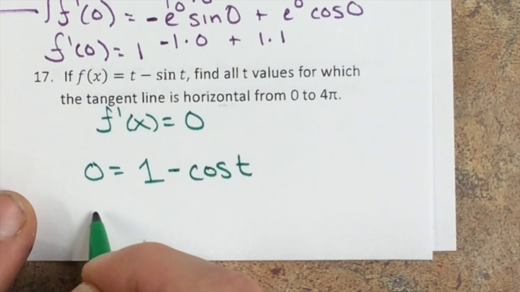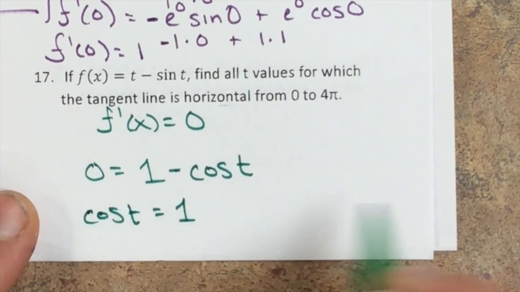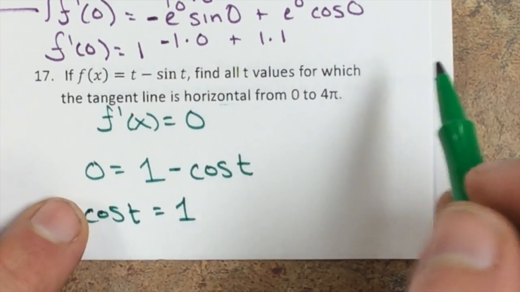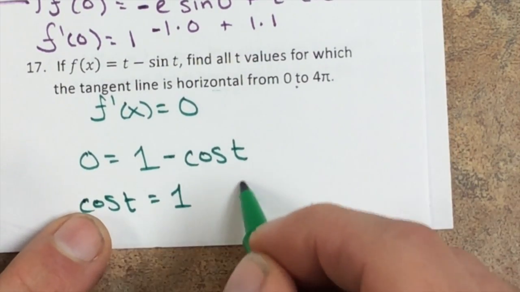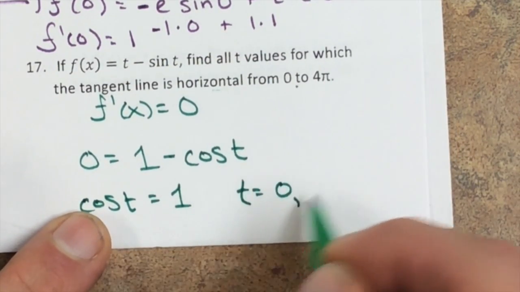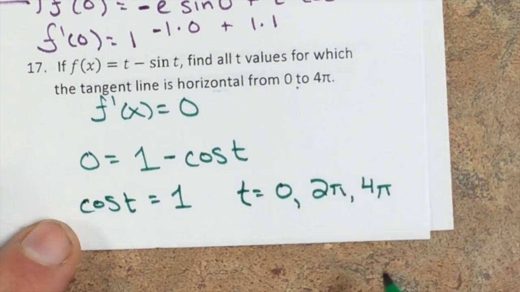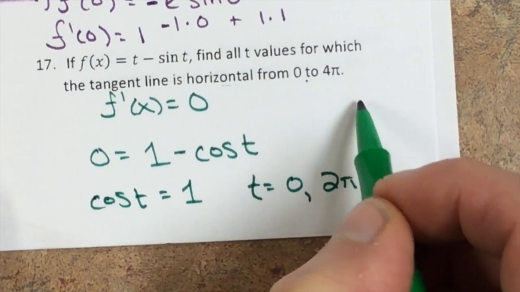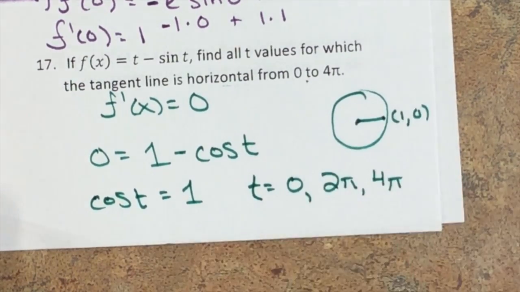Solve. So I have cosine t equals 1. Where is cosine 1 between 0 and 4 pi? So t is either 0 or 2 pi or 4 pi. You got to think back to your unit circle and think, where is the x value 1?